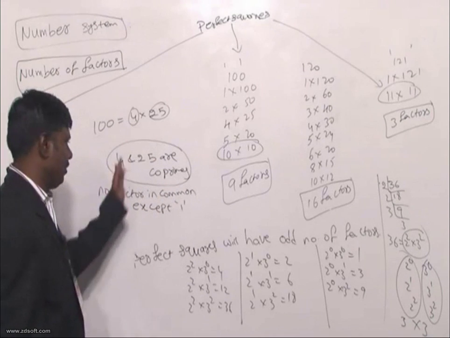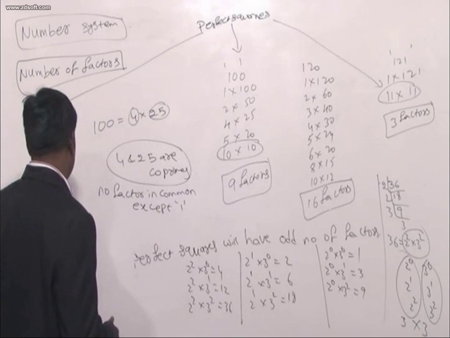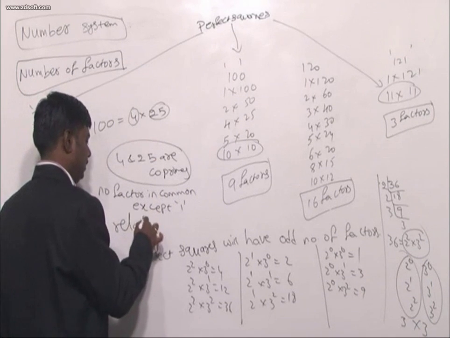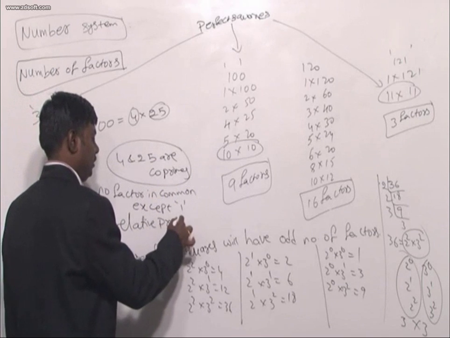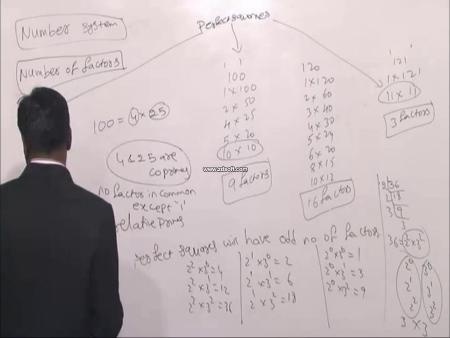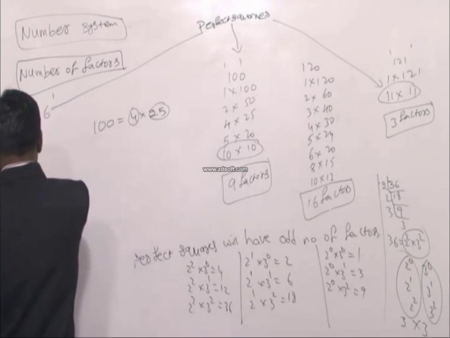So such numbers are called co-primes, or they are also called relative primes. So one shortcut is to express a number as a product of co-primes.